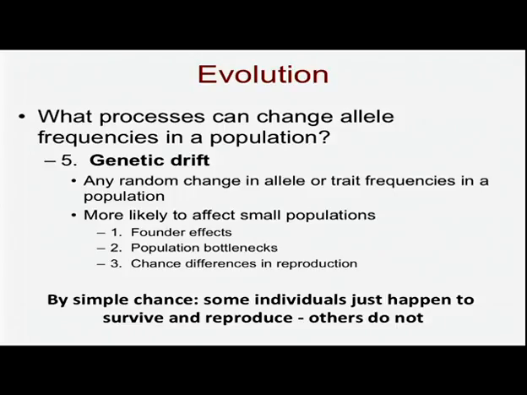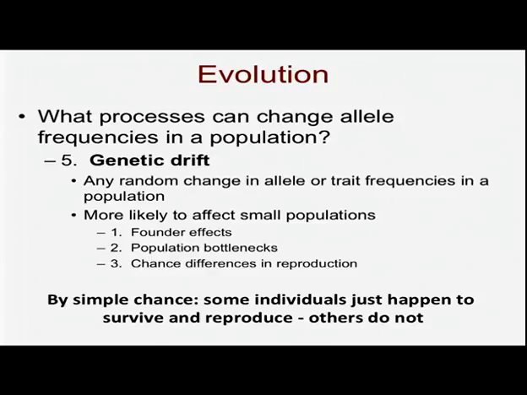Not natural selection. Trait frequencies of the population change because of genetic drift. The allele frequency drifts away, I think is why they call it that, right? It changes in some direction not because they're adaptive, but for other reasons, okay? And the three reasons are founder effect, population bottleneck, and chance differences. All of these are kind of random things that might happen.